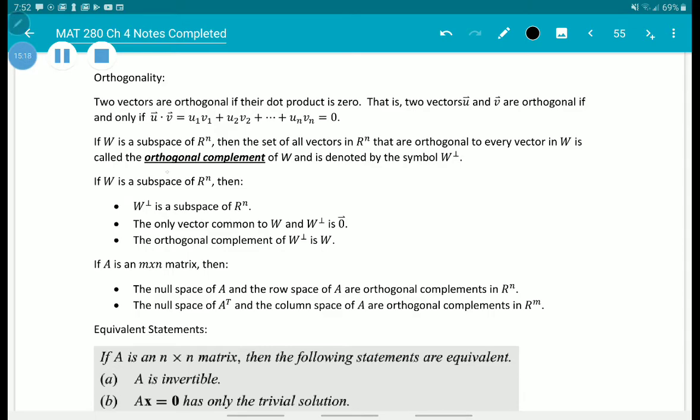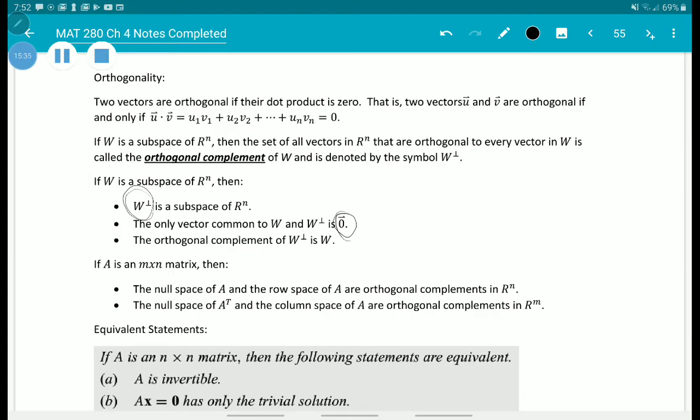So if W is a subspace of Rn, then the orthogonal complement of W is also going to be a subspace of Rn. There's only going to be one vector that's common to both of those, and that's going to be the 0 vector.